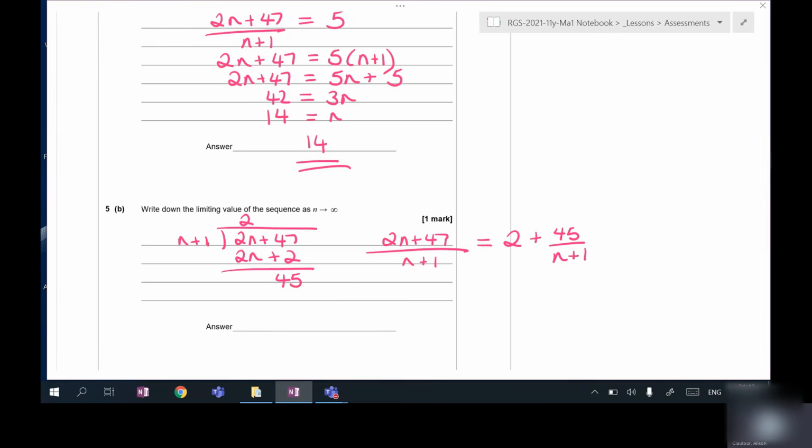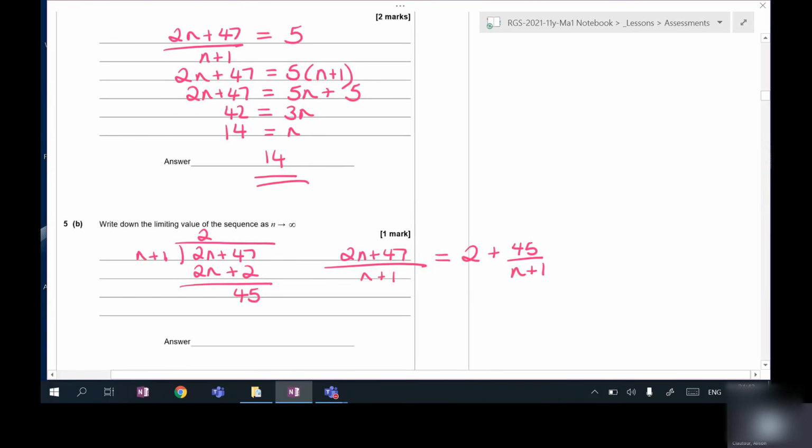Okay, so that's a lot easier to draw. So we should know what a reciprocal graph looks like. So 45 over n plus 1, obviously think about 2 plus 45 over x plus 1. Okay, so it would have a vertical asymptote at x equals minus 1.